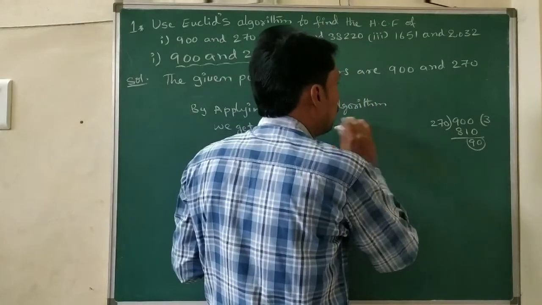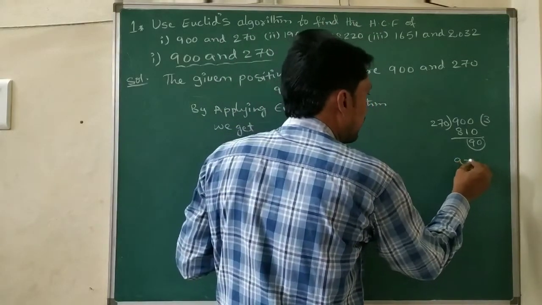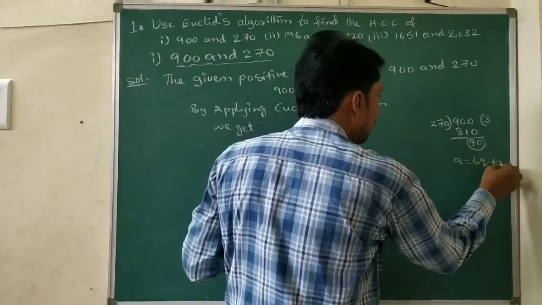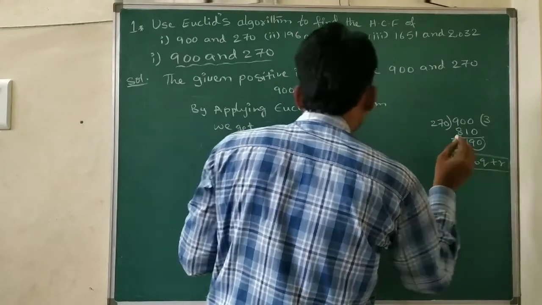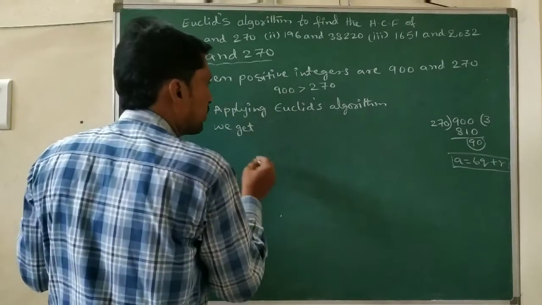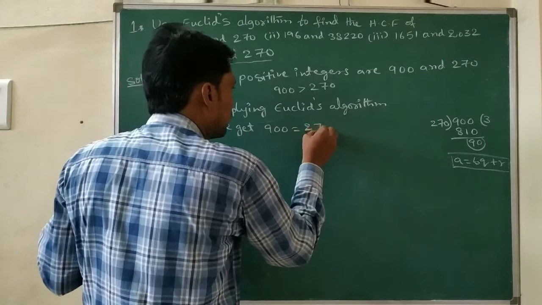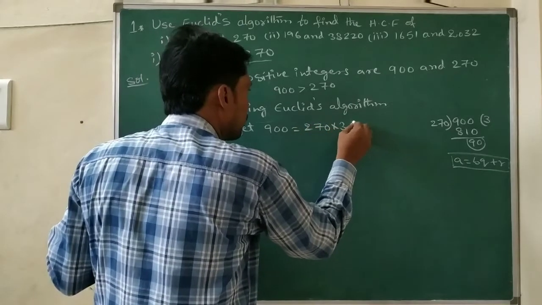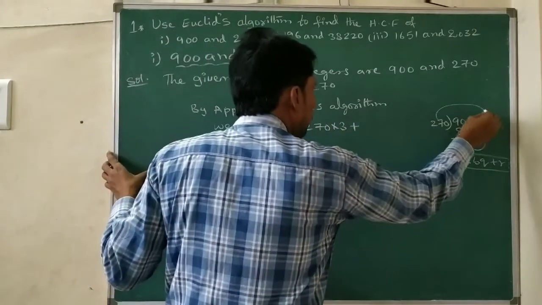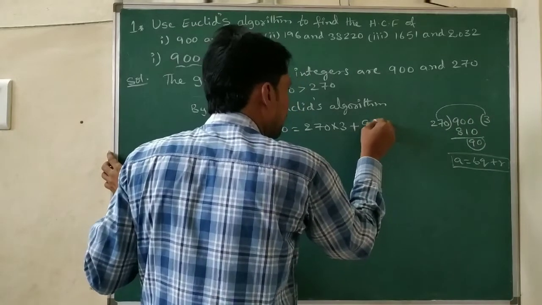We already know the division algorithm, a equals b q plus r. This form we need to write. So 900 equals 270 into 3 plus 90.